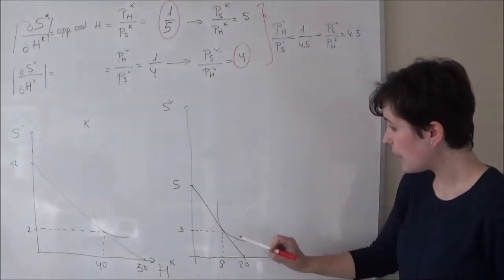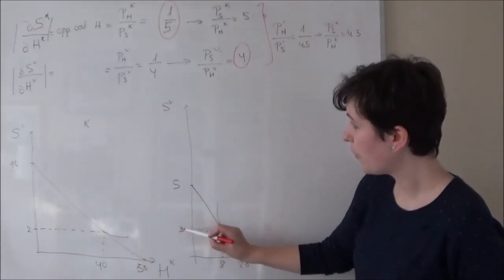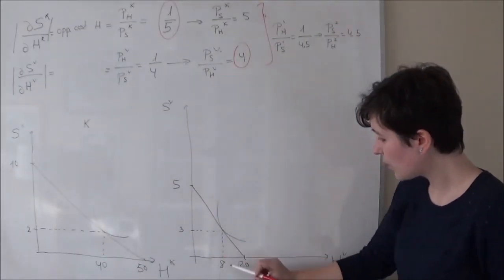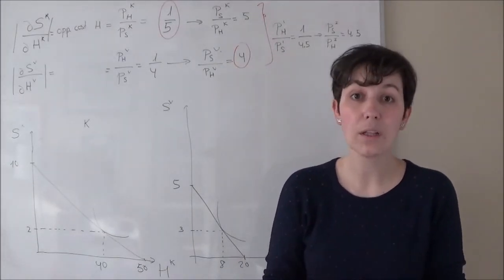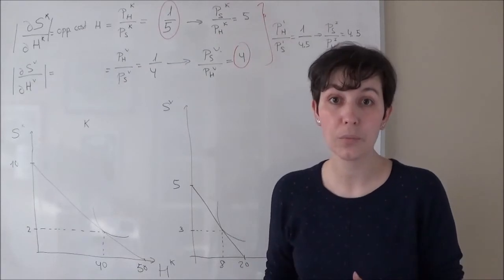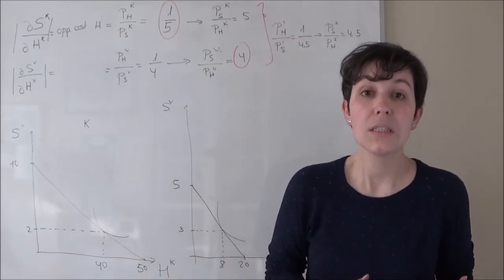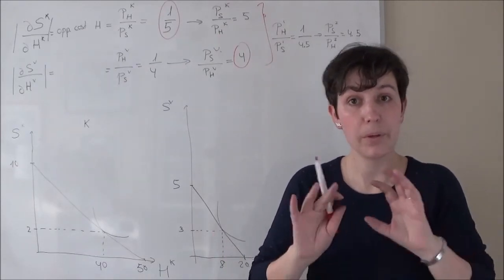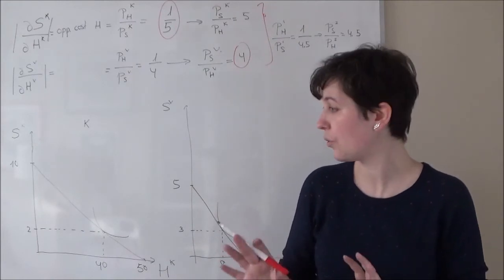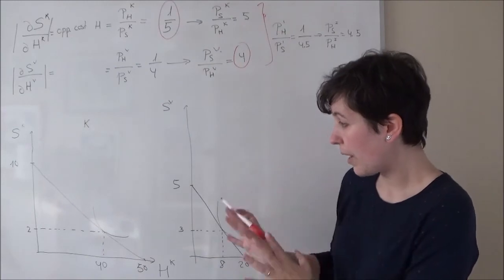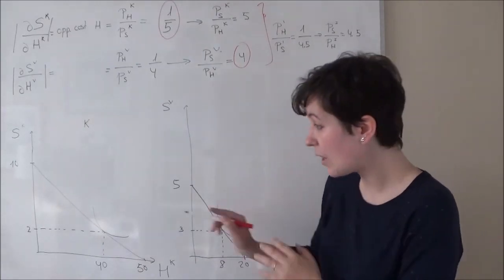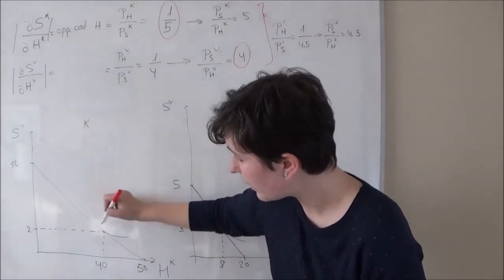This economy is consuming and producing 3 units of swords and 8 units of helmet. Here, consumption equals production. You can't consume anything that you didn't produce previously, because we don't have trade between these two economies, okay?